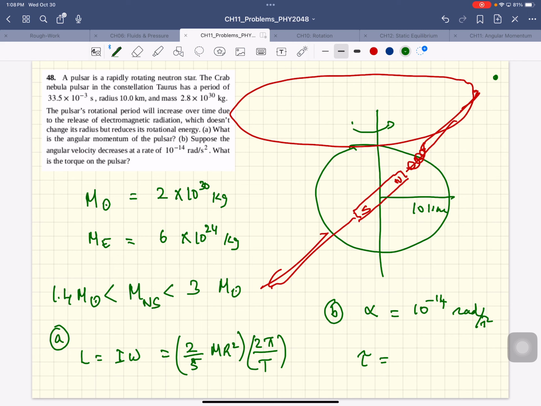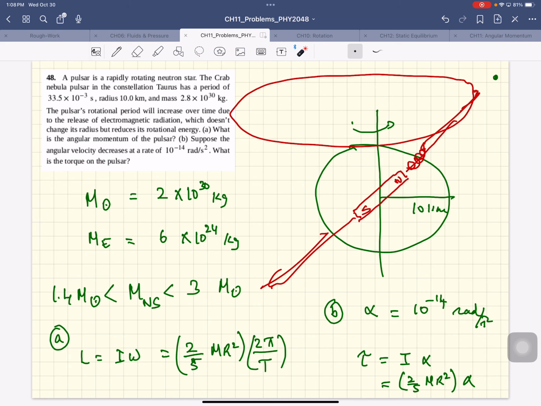It's I times alpha. 2/5 mr square times alpha. All right, I'll calculate one thing for you guys. The mass of the pulsar is given, the radius is given, the period is given, so you can calculate that. The mass is given, radius is given, and the angular acceleration is given. You can calculate that.